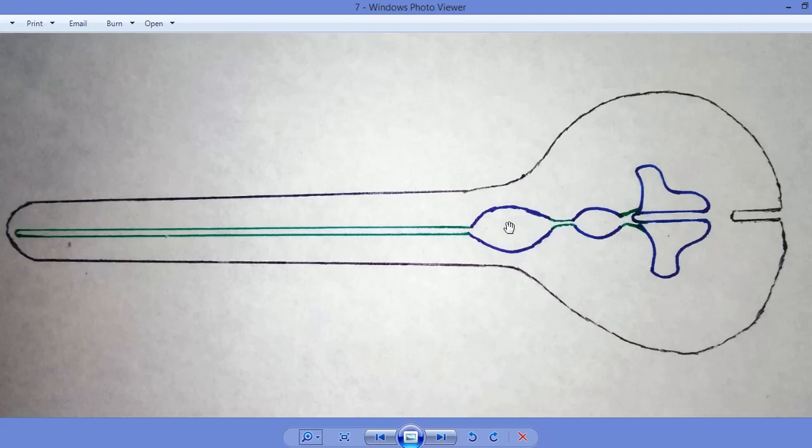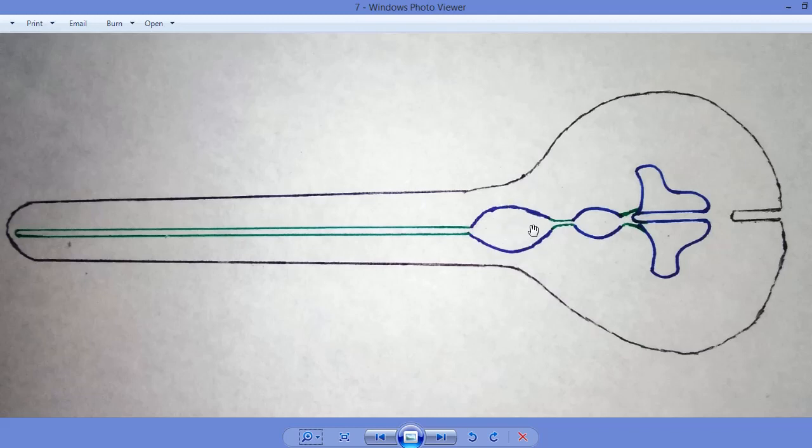Now the fourth ventricle goes through the spinal cord. The third ventricle is located near the thalamus and hypothalamus, or below the thalamus. The fourth ventricle is located dorsally to the brain stem, or behind the brain stem, in between the cerebellum and the brain stem.